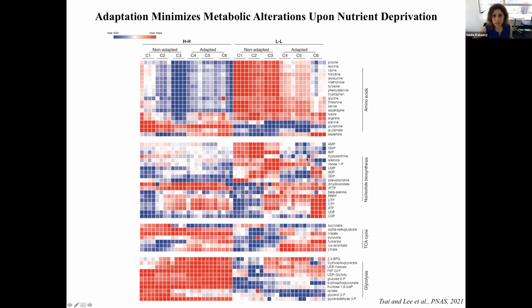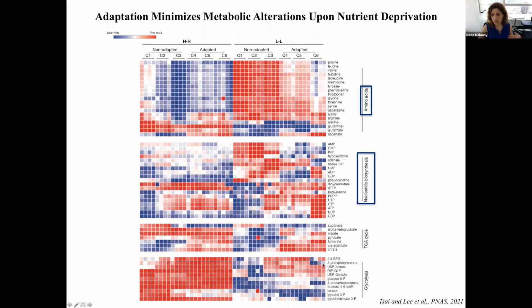And that is consistent with cellular proliferation and DNA synthesis. Again, we are seeing here lower levels of mono and di, and accumulation of tri-nucleotide phosphate. Now, again, TCA cycle similarly, and for glycolysis, there's a partial reversal as well.